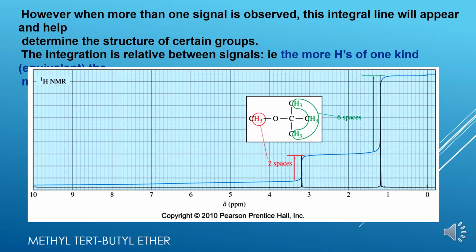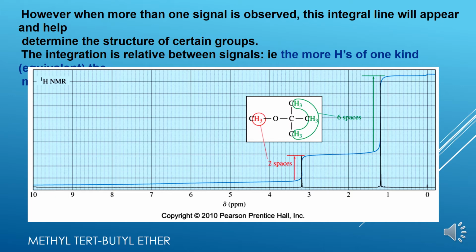As I said in the earlier slide, if only one signal is observed in the NMR spectra, the integral line will not appear. Remember, if more than one signal is observed in the spectrum, the integral line will appear and help to determine the structure of a certain group.